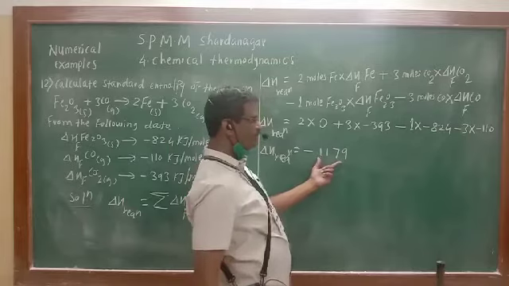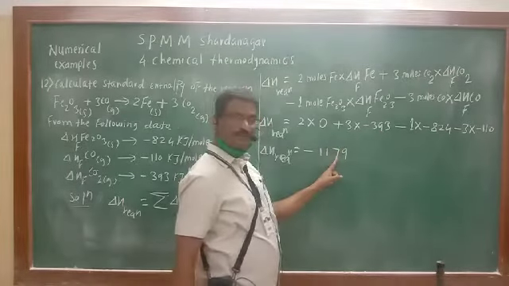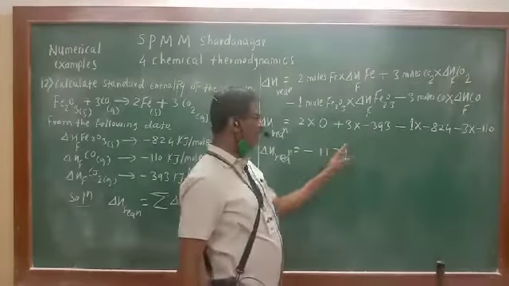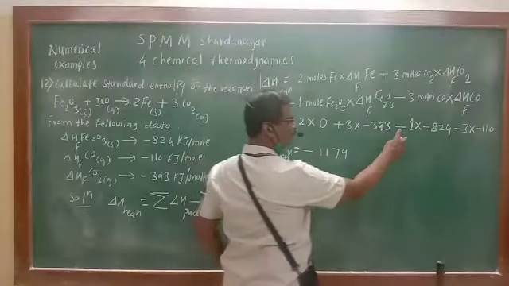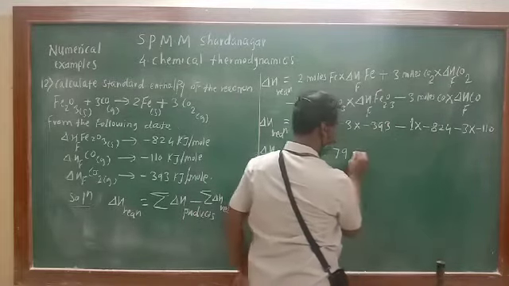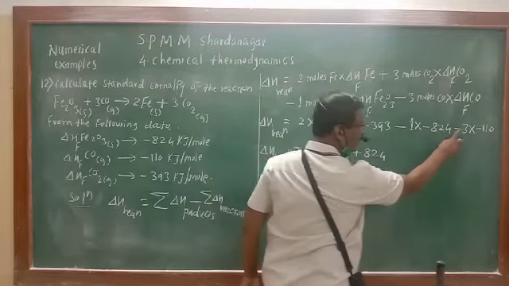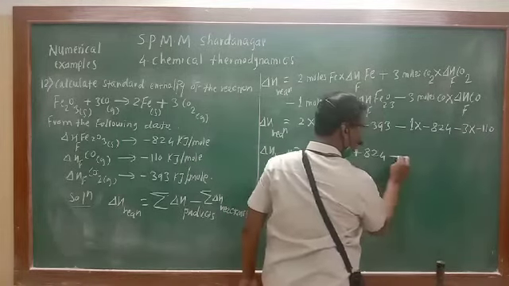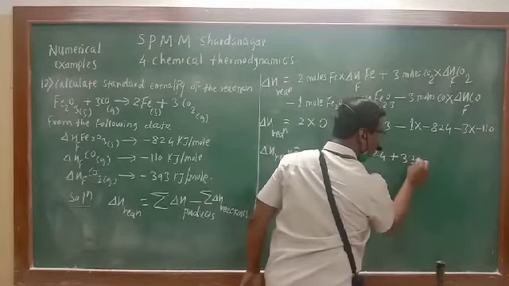Minus 1179. Then this is minus into minus, that becomes plus 824. Again minus into minus, it becomes plus 3 into 110, that will be 330.